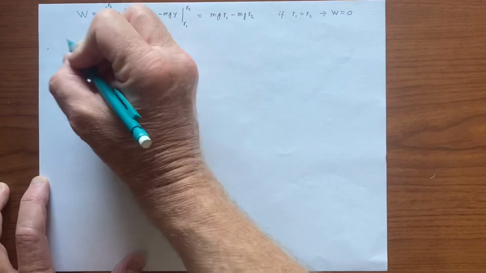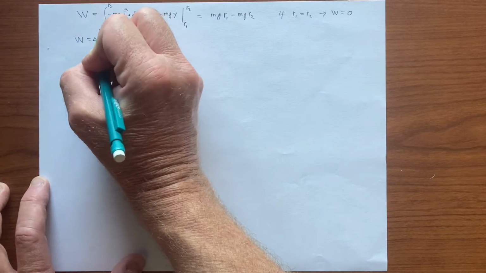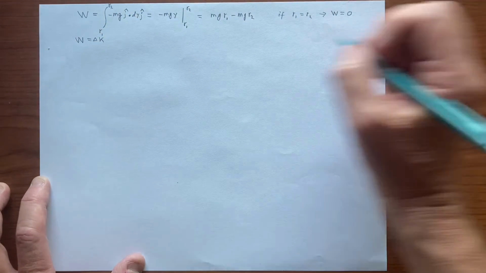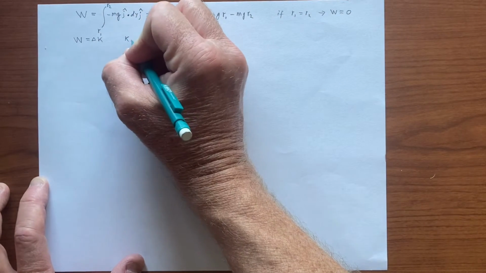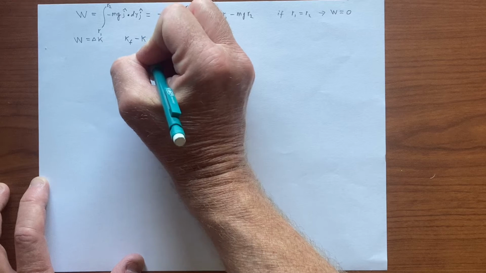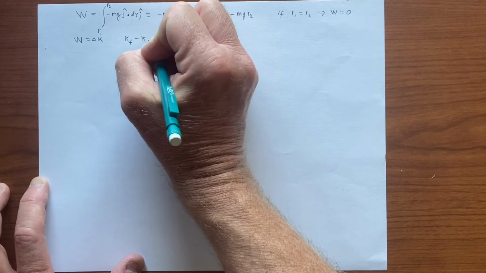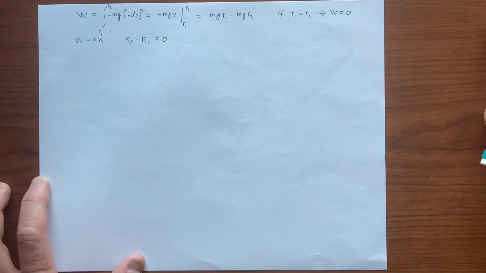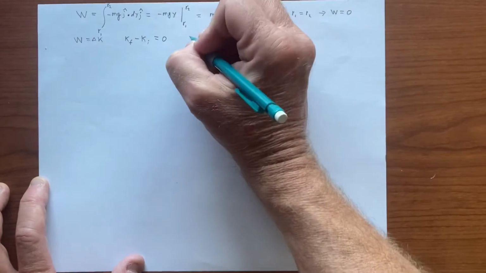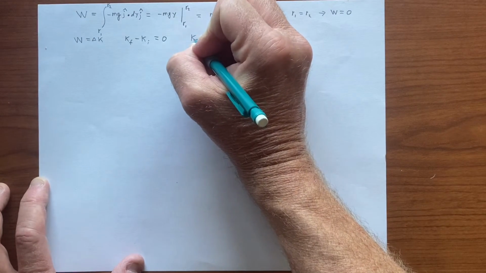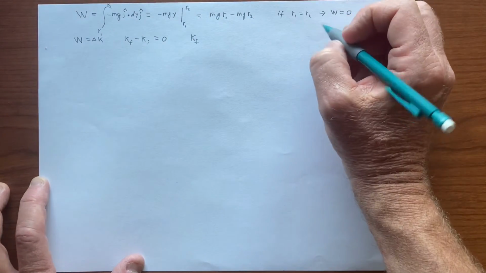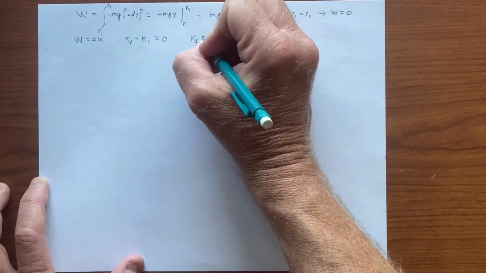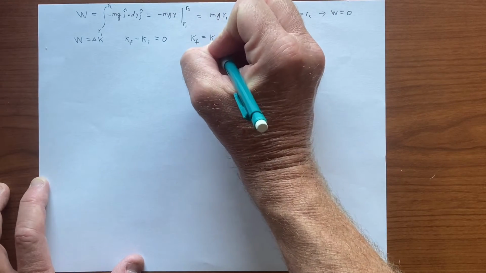It's also true that work equals the difference in kinetic energy. And so what follows from that is that K final minus K initial is equal to 0.